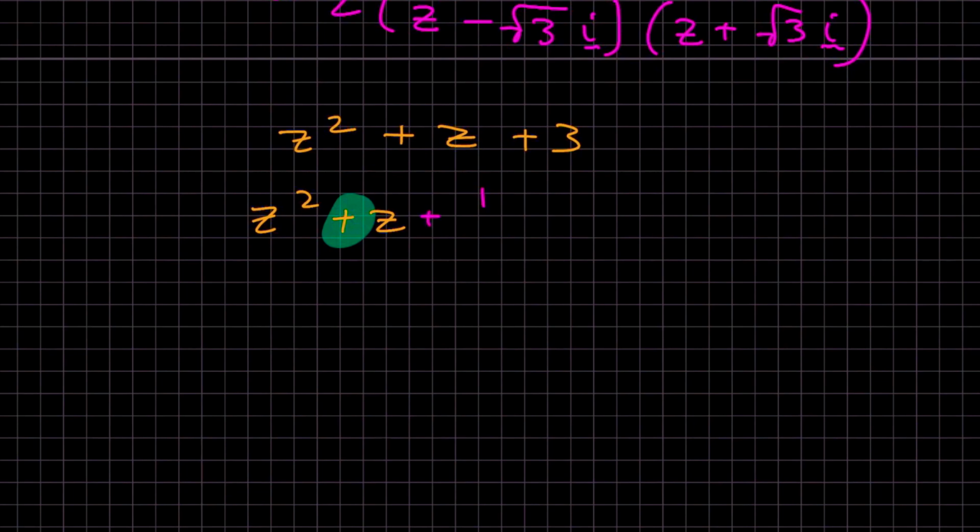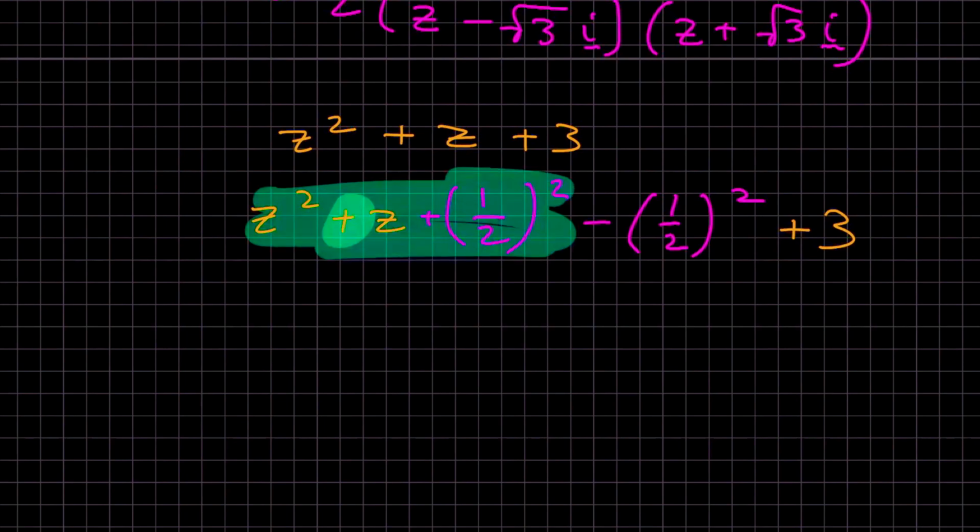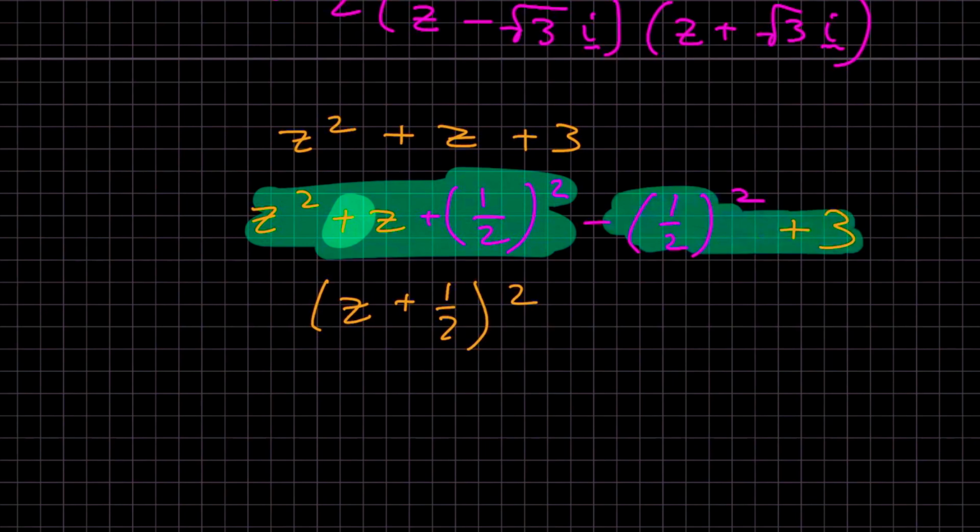So we would go z squared plus z plus (1 divided by 2) squared minus (1 divided by 2) squared plus 3. Looking at this part of the equation, we know that it can be simplified into z plus a half squared, and simplifying the rest, we know this will become minus 1 over 4 plus 3, which is equal to z plus 1 over 2 squared plus 11 over 4.